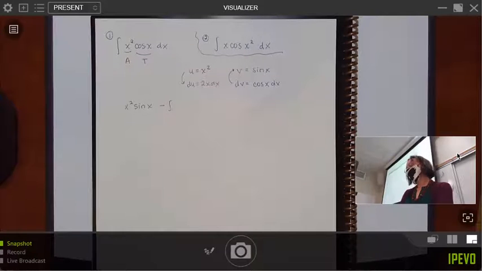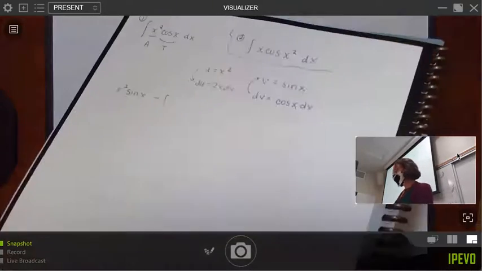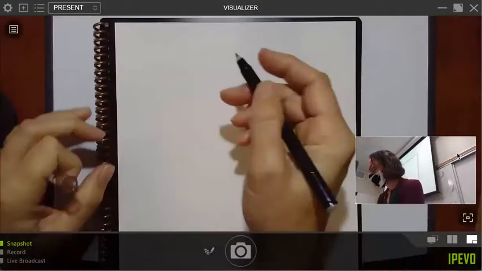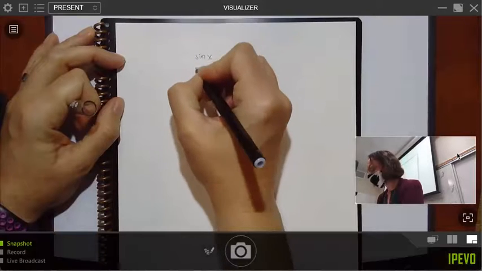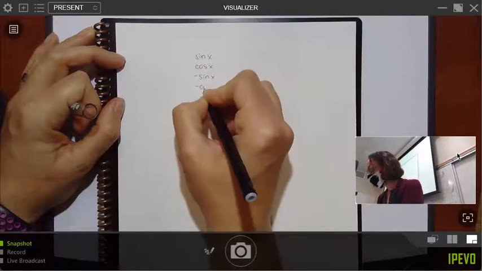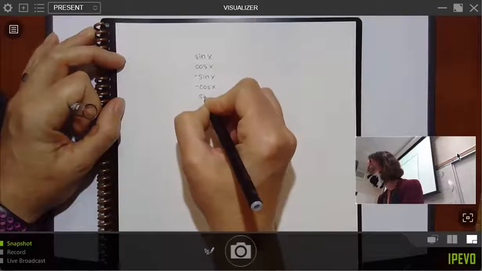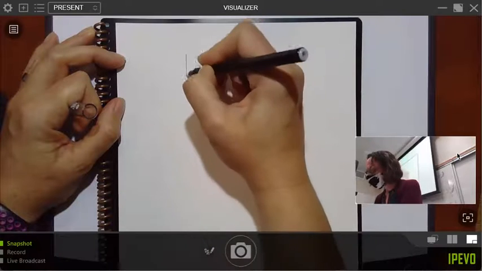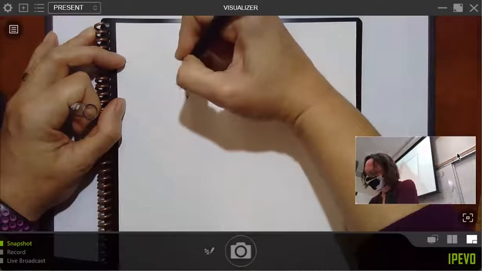I have all of my derivatives memorized and I just stick to the derivatives. But if we go to the fabulous chart that we had up yesterday, where we just list out sine of x, cosine of x, negative sine, negative cosine, positive sine. As you go down, you're doing derivatives.